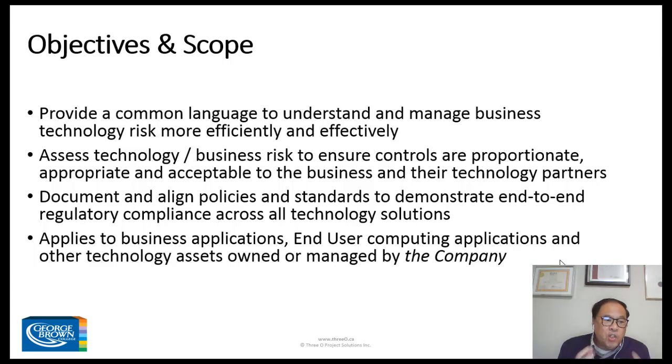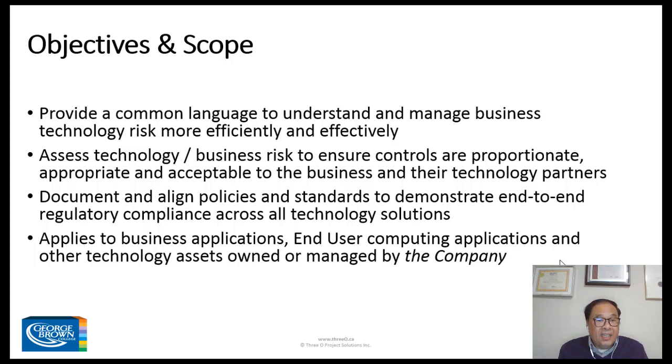Instead of drawing in a big, huge document, basically you need to have an objective and scope section describing your information security and risk framework. These are some of the typical statements. Okay, the objective of a typical information security and risk management framework is to provide a common language to understand and manage business technology risk.